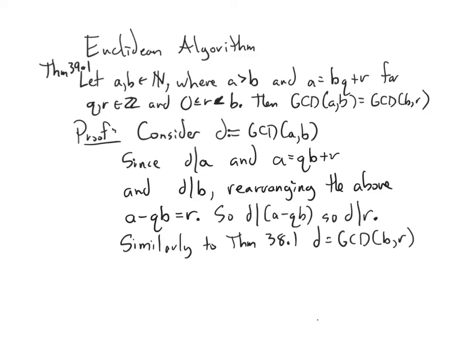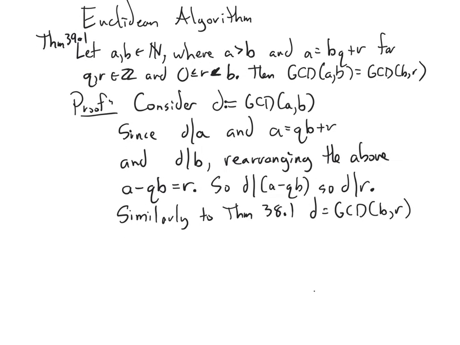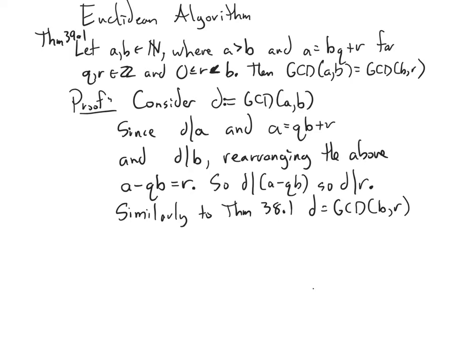So not only is it a divisor of r, so it's a divisor of b, it also has to be the greatest common divisor. So you can do something very similar like we did in the other proof in Theorem 38.1. Pretend there's another divisor and show that D is always bigger than it. Okay. So that's cool. So we have that proof done.